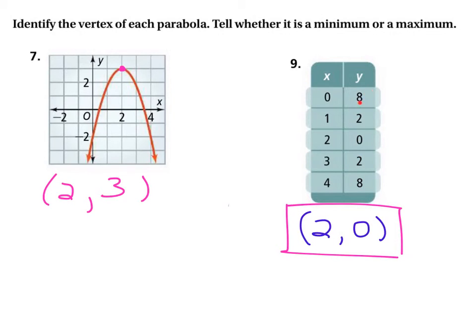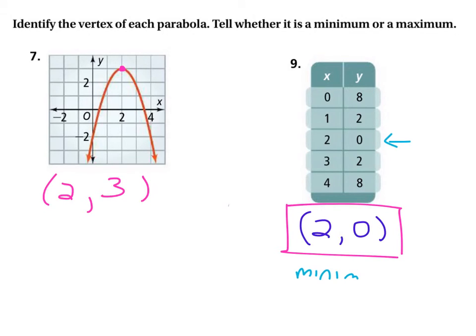Okay? So if you ever see the y values dropping until that vertex point and then going up again, that means this is a minimum. And the minimum y value that you get is 0. So this is going to be a minimum.